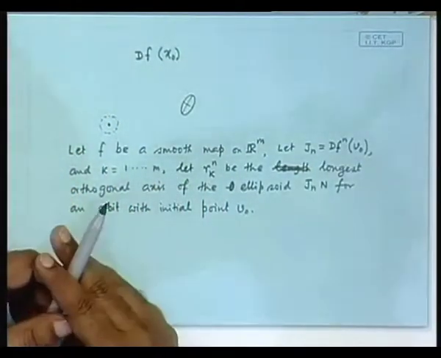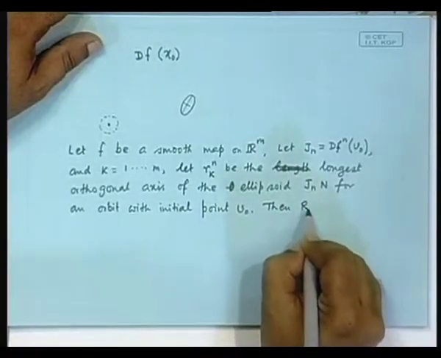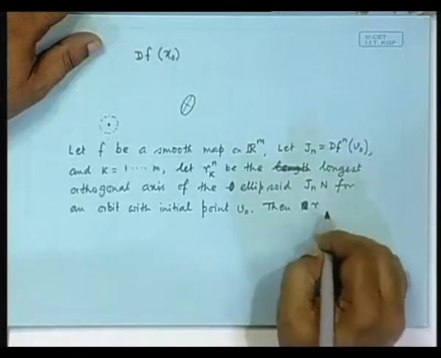If it is a 3-dimensional system, then obviously there will be 3 directions in which we will measure. The ellipsoid will have 3 axes, and this is the longest axis of that. That is all. Then, sorry, smaller.